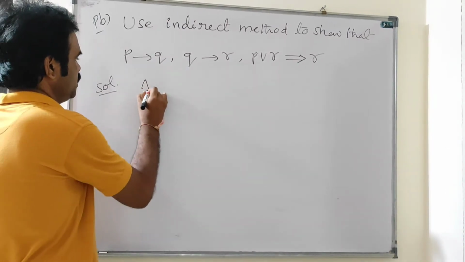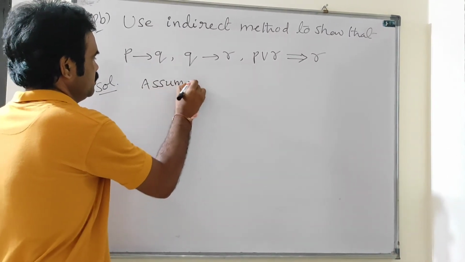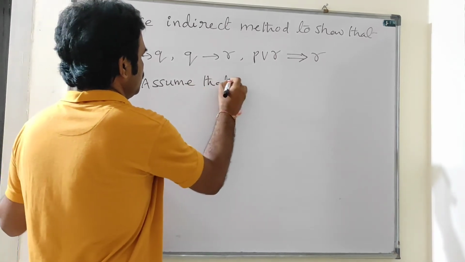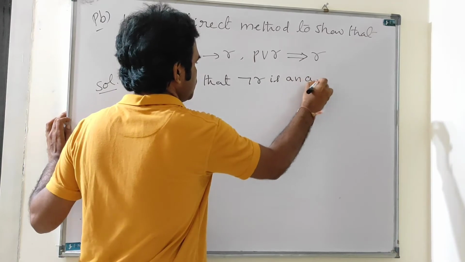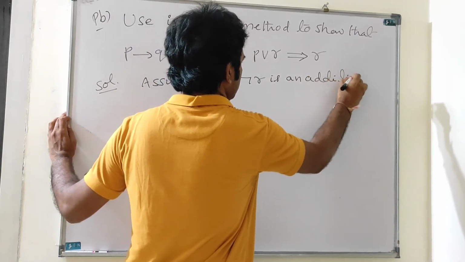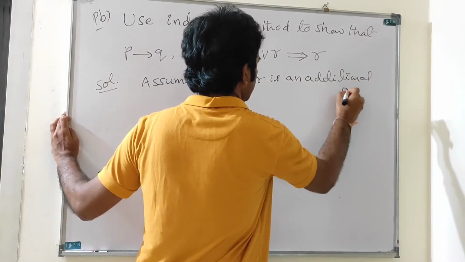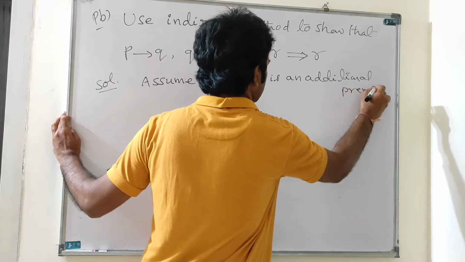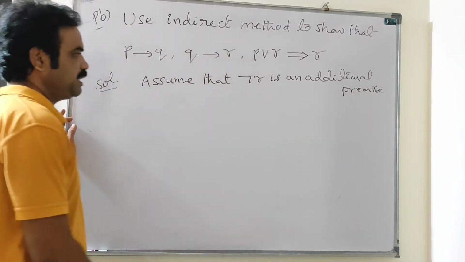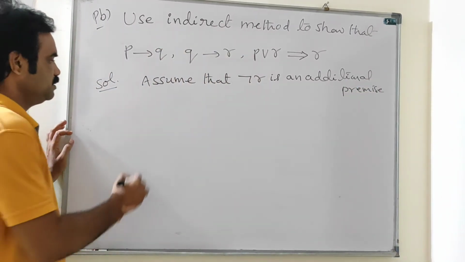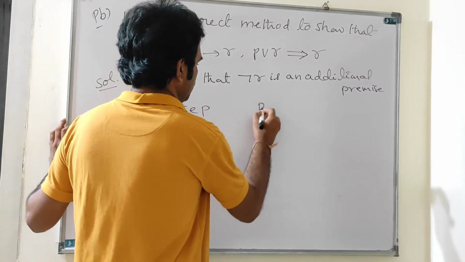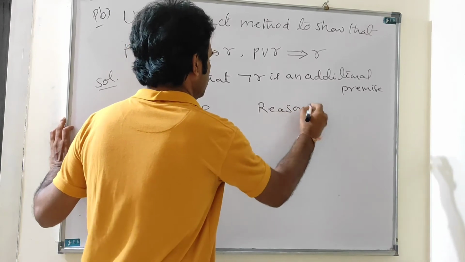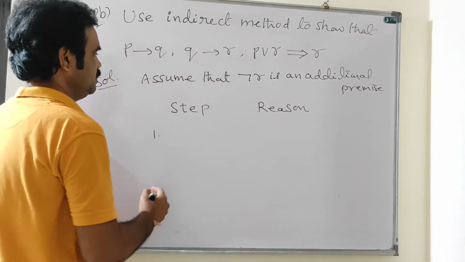Assume that negation R is an additional premise. Then we get a contradiction. Step and reason. See the first step.